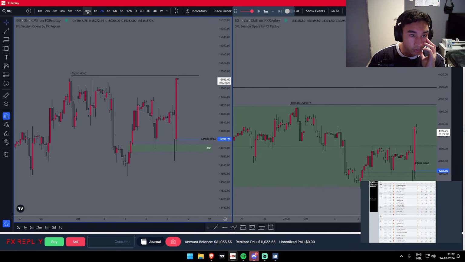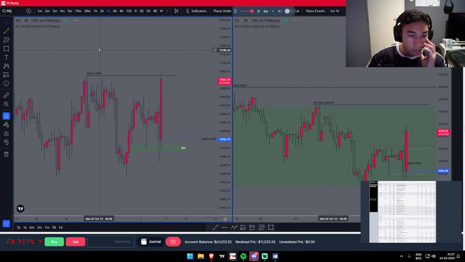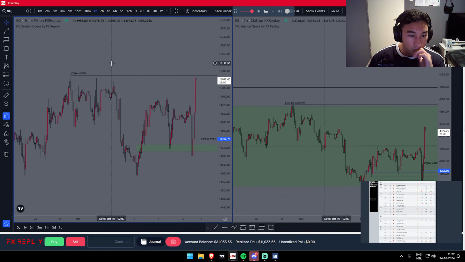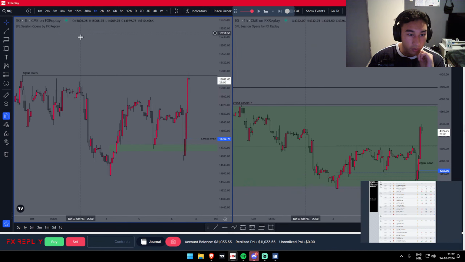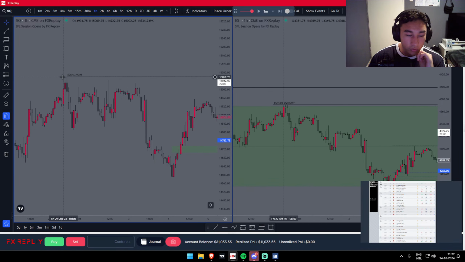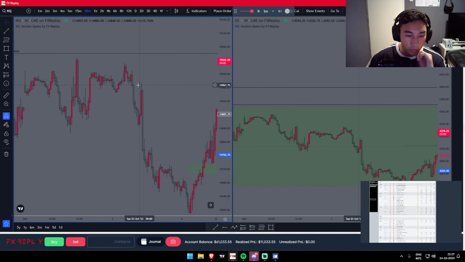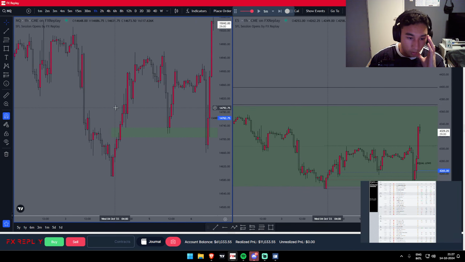This would be original consolidation all the way up there. Yeah, this would be the original consolidation here. This is just all the resistance. And then this would be original consolidation, accumulation 1, accumulation 2, accumulation 3. That's how I go to 1 hour.